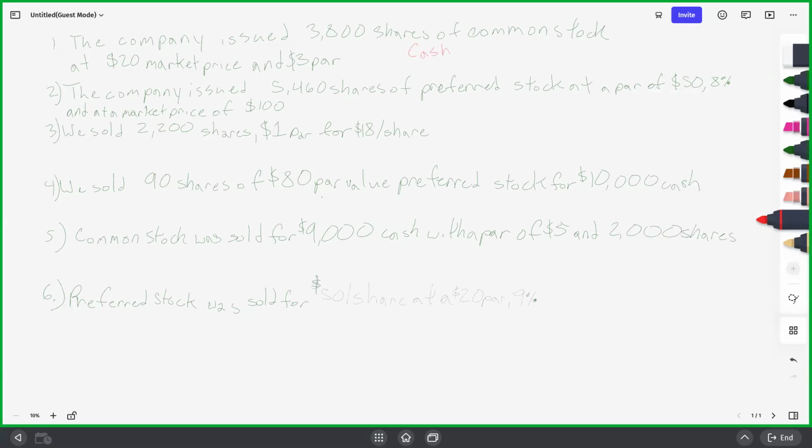The value for this instead is 76,000. So what else are we doing here? Common stock debited or credited? How much? You're right, $11,400.